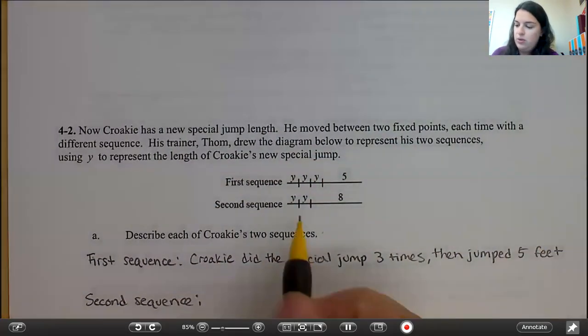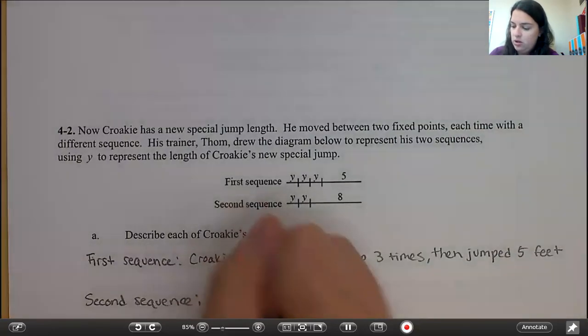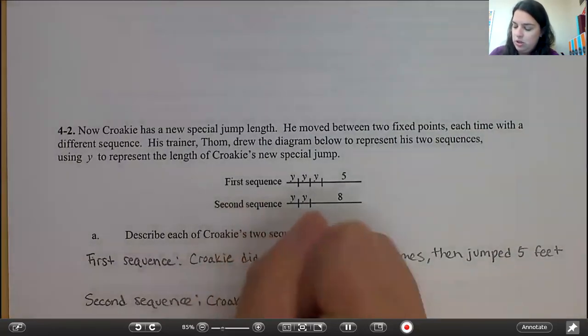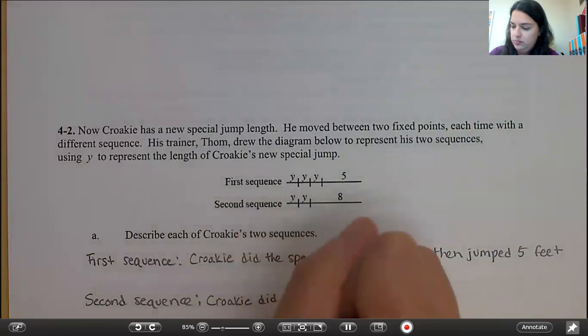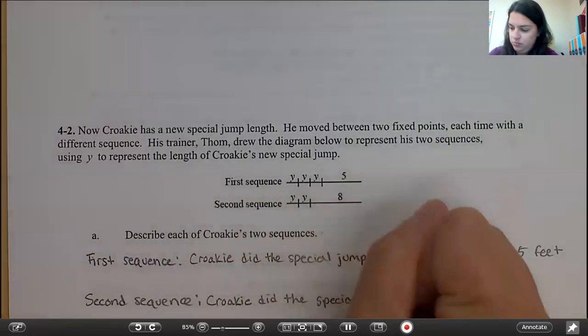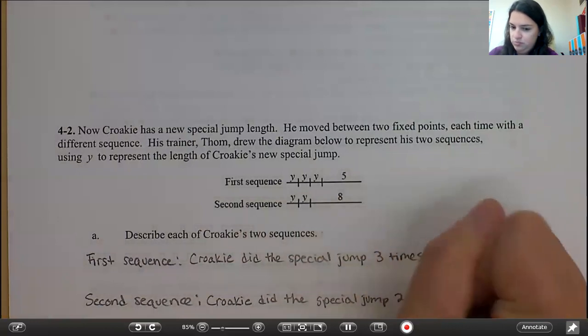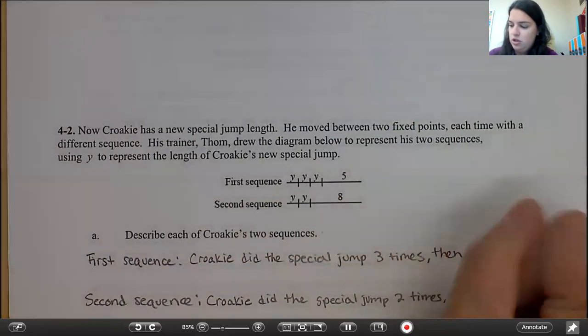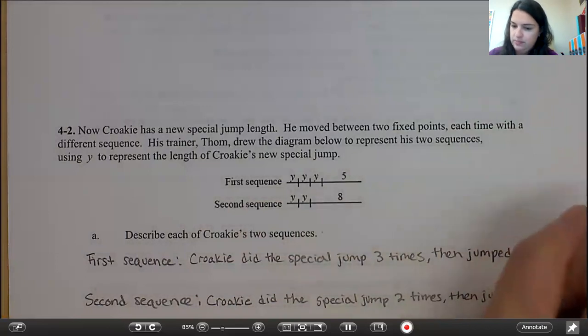For the second sequence, hopefully you said that Croaky did the special jump 2 times, then jumped 8 feet.